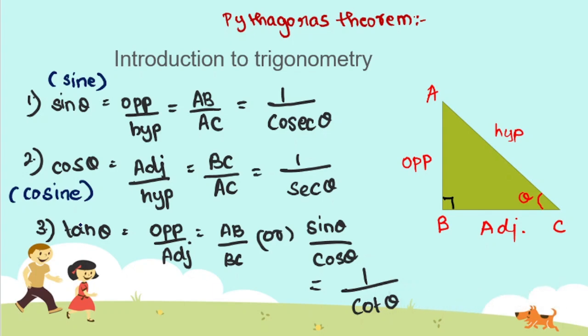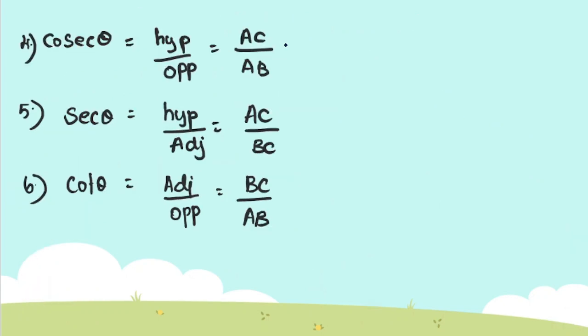Then the full form of cosec is cosecant. For sec theta, it is secant. And for cot theta, it is cotangent. Cot theta is nothing but cotangent.